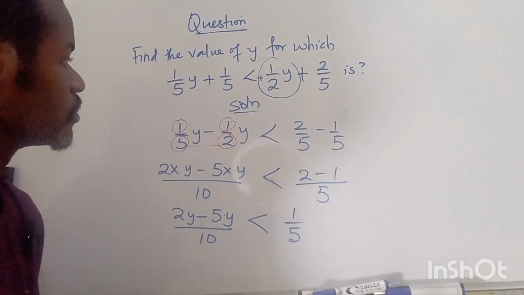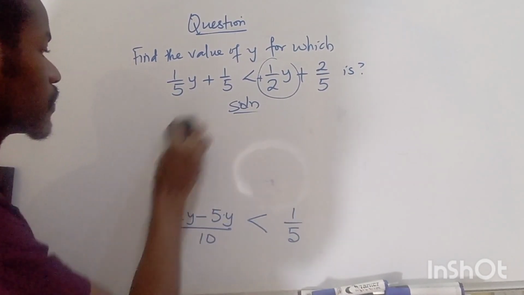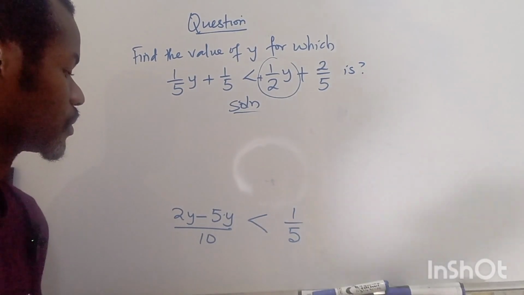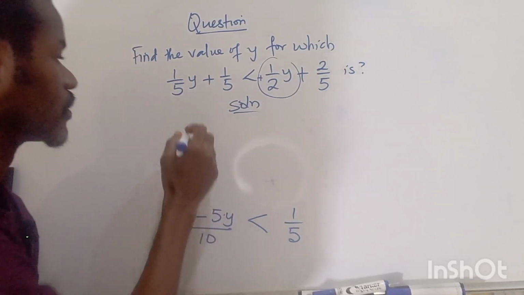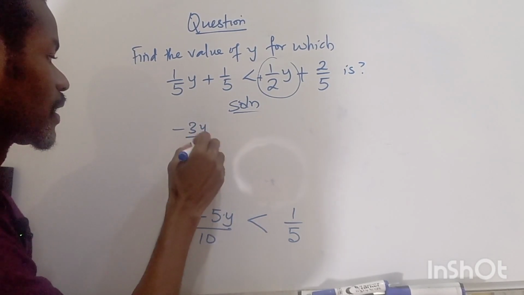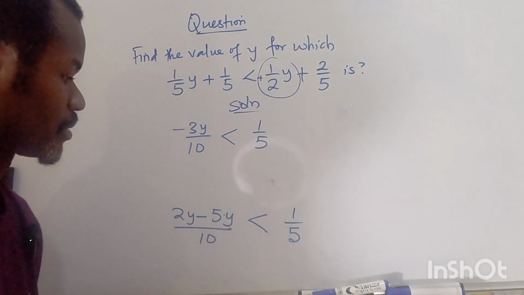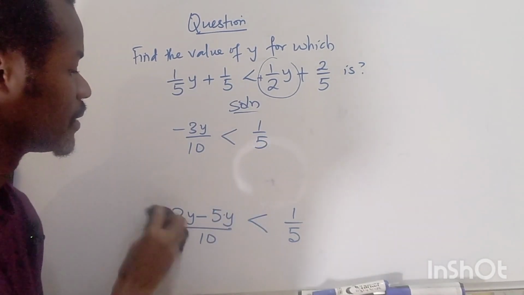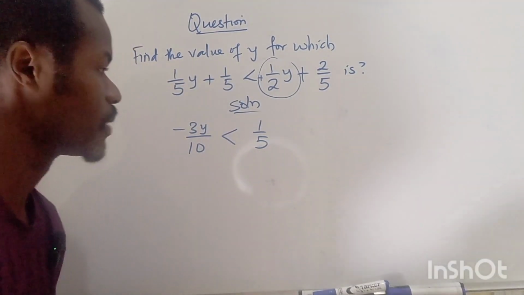Okay, now let's see what this gives us. Now, 2y minus 5y is going to give us minus 3y divided by what? 10, which is less than what? 1 over 5. Now, from this, we can now cross multiply.